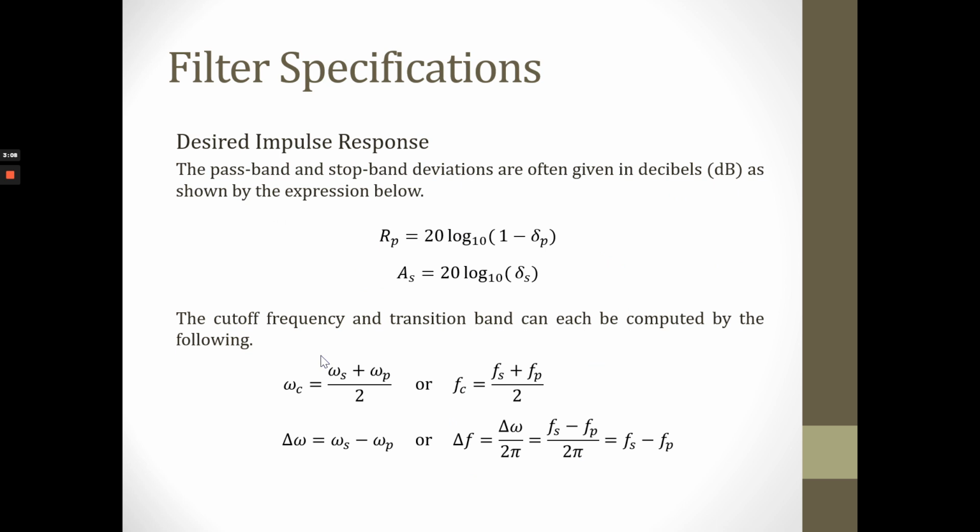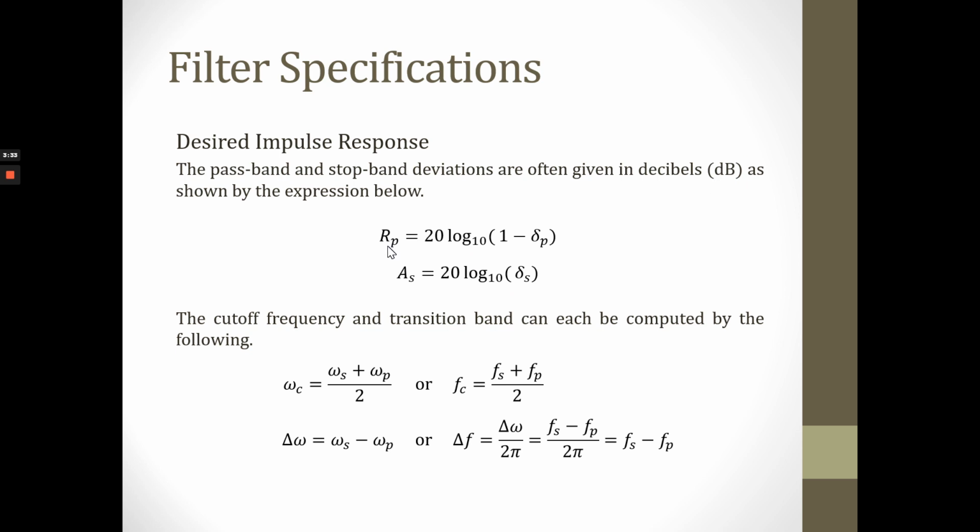So for the desired impulse response, the passband deviation and stop band deviation are often given in decibel unit, dB, based on this expression. So we calculate the passband deviation and also the stop band deviation using this formula, and the unit is decibel, dB.